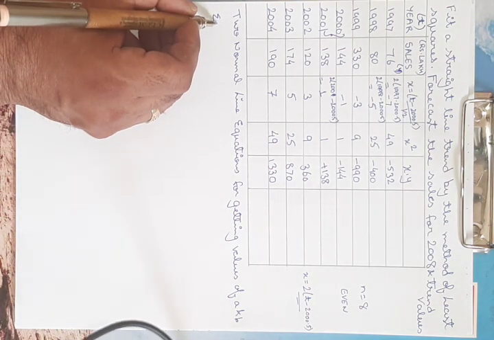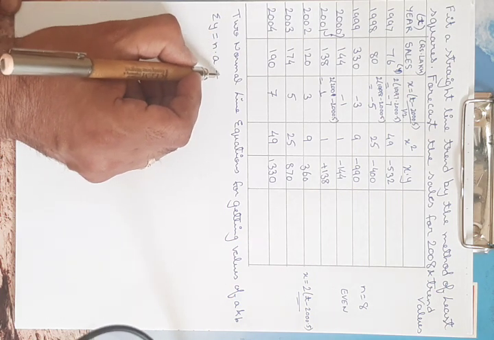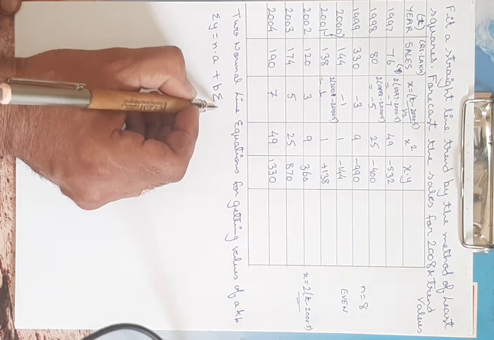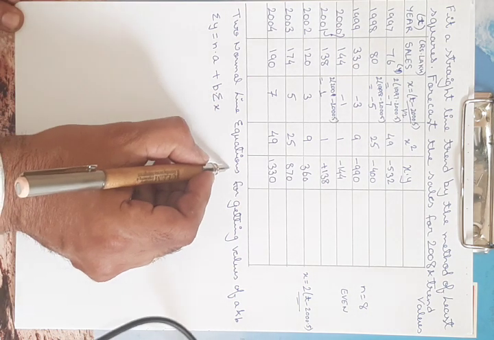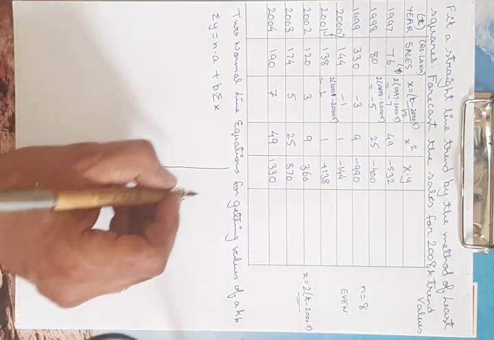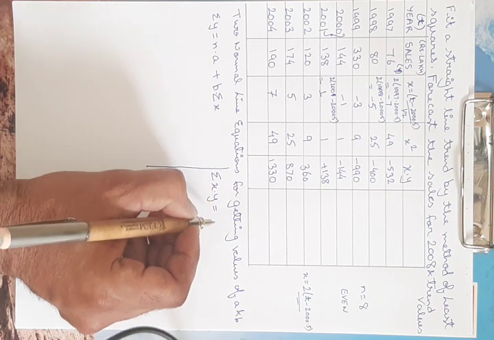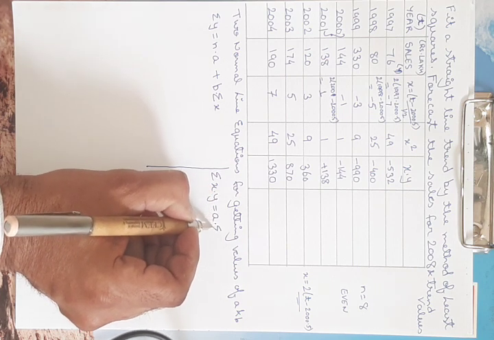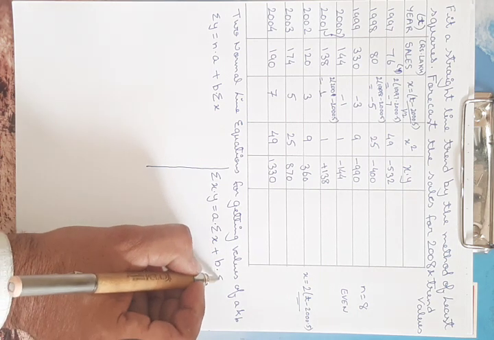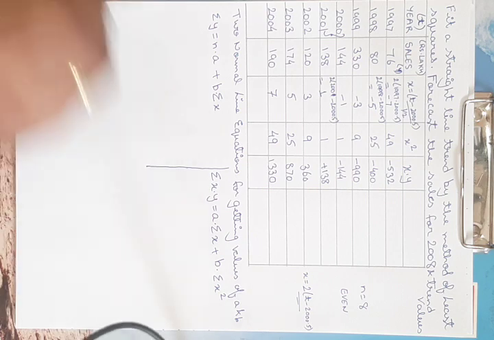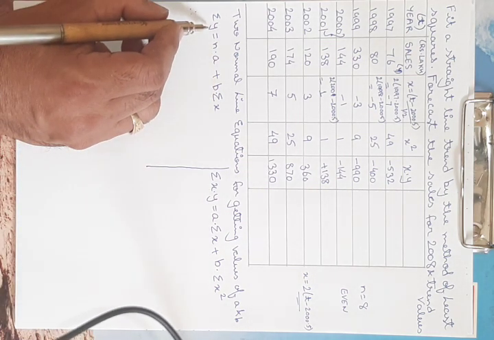The first equation is summation of y is equal to n into small a plus b into summation of x. Now comes the second equation: summation of x into y is equal to a into summation of x plus b into summation of x square. Now, putting in the values of all these things, we need to calculate the value of summation of y.